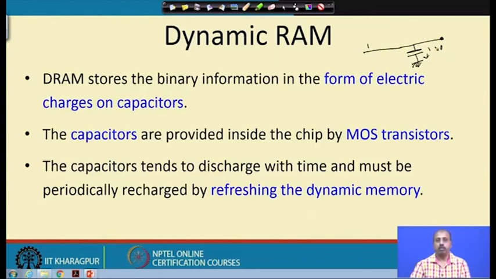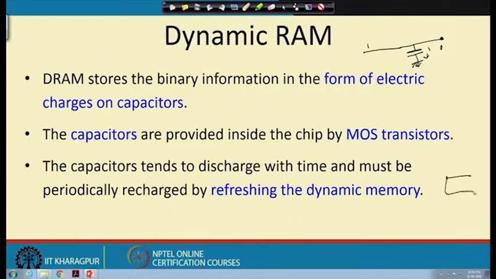This is compared to static memory, which does not require any extra circuitry for holding the value. In case of dynamic memory, periodically you have to read the content of the memory and write it again. So, we should have a refreshing circuitry. If this is your DRAM chip, then along with that I should have a refreshing circuit.